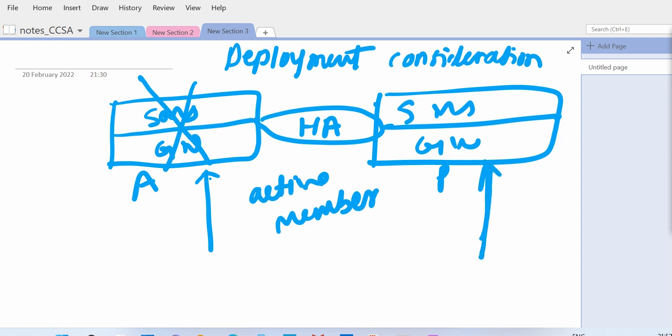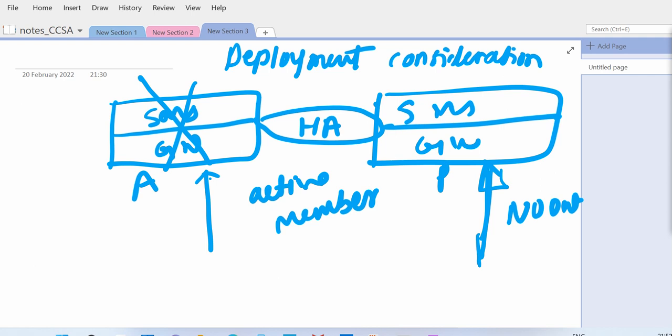So having the same functionality, like SMS and the gateway, on the same device, but with high availability in place, we achieve no outage, because if one appliance goes down, the other comes up.